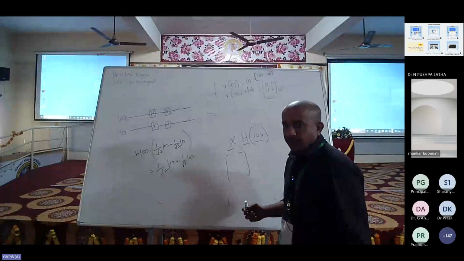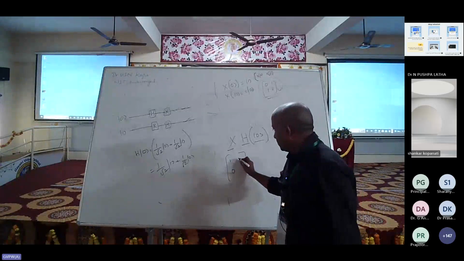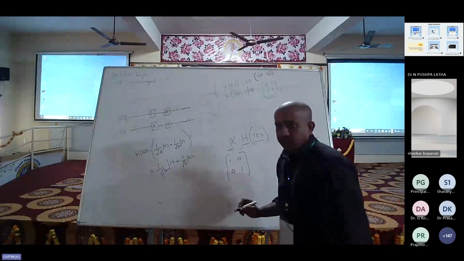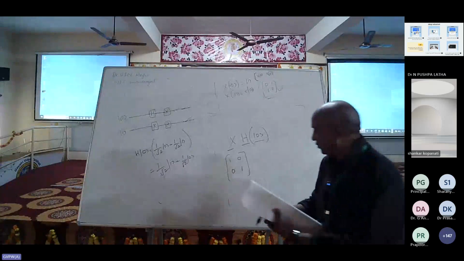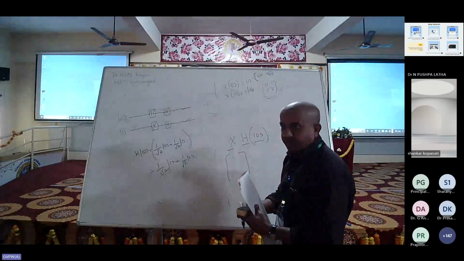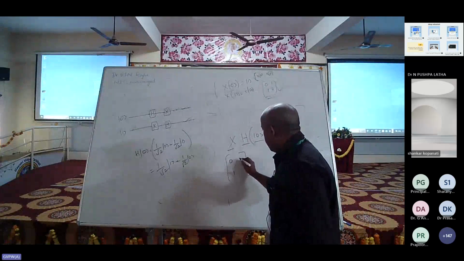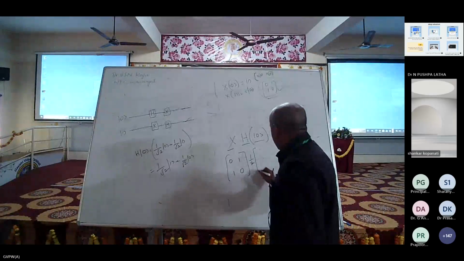You already wrote it, no? 1 0 0 1. Is it correct? This is not correct. The unitary matrix for X gate is 0 1 1 0. What about Hadamard gate?